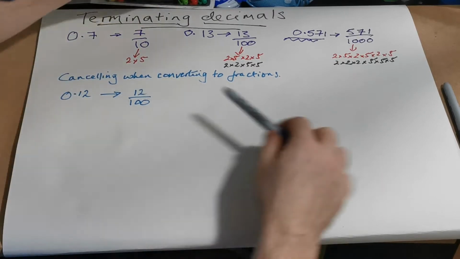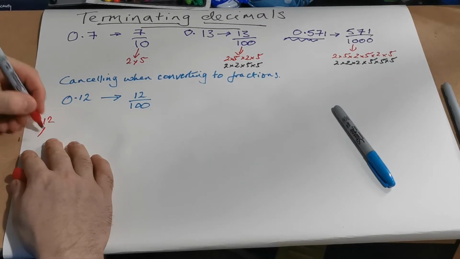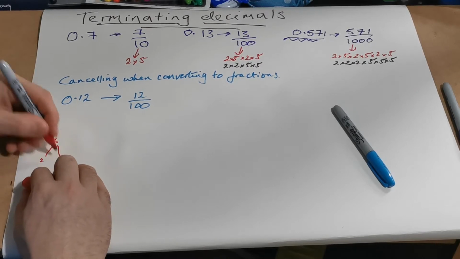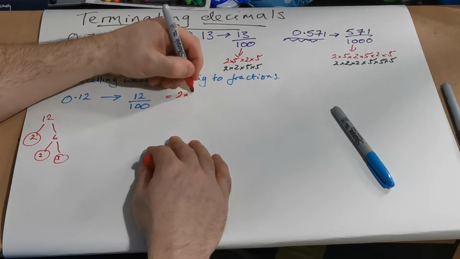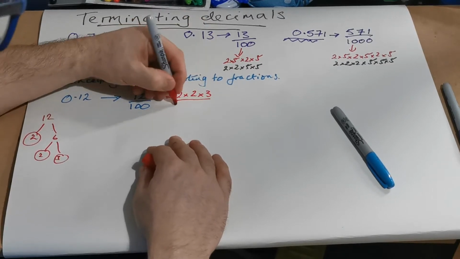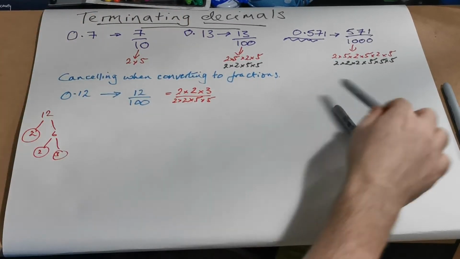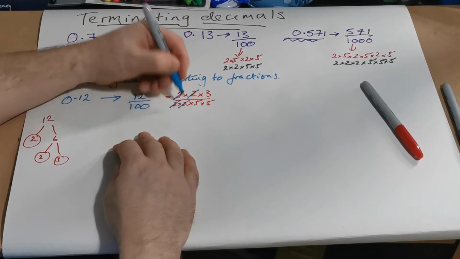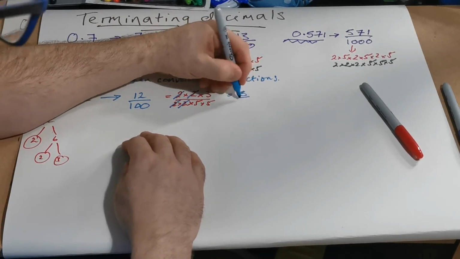But if I was to convert that into its prime factors, so I've got 2 times 6 and 2 times 3, using our cherry tree method, I could say that was 2 times 2 times 3 over 2 times 2 times 5 times 5, and that would be, well, if we times it by 2 and divide it by 2, they undo each other. So we've got 3 over 25, which is 3/25.